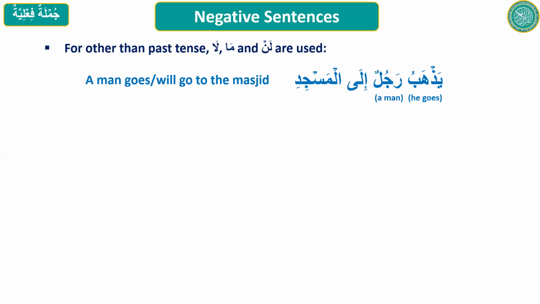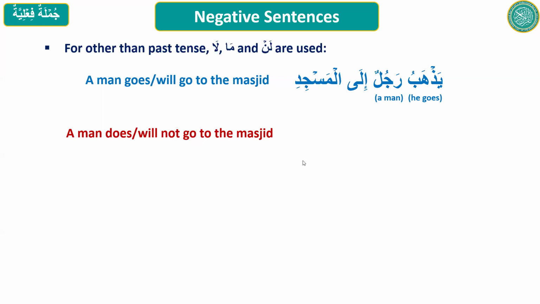So first, use la. What does the negation look like? The English translation after the sentence has been made negative will be: a man does not go to the masjid or will not go to the masjid.